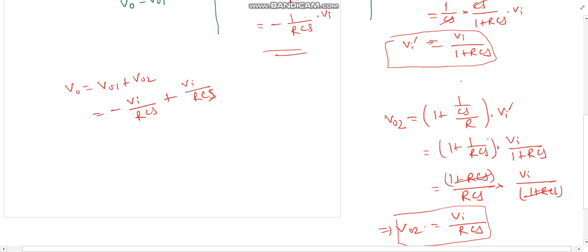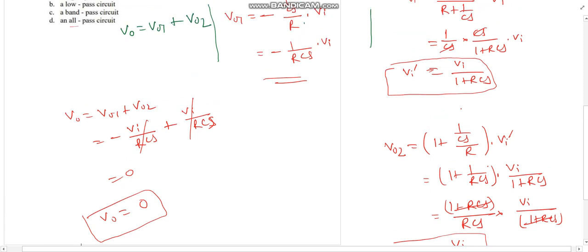So these cancel out and equal 0. So V0, the output, will be 0.